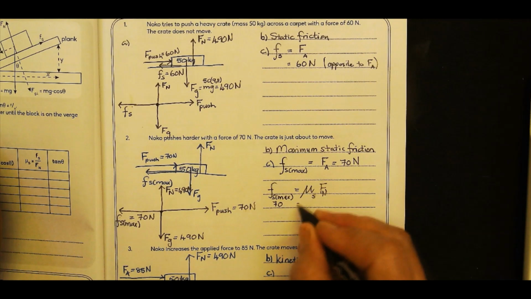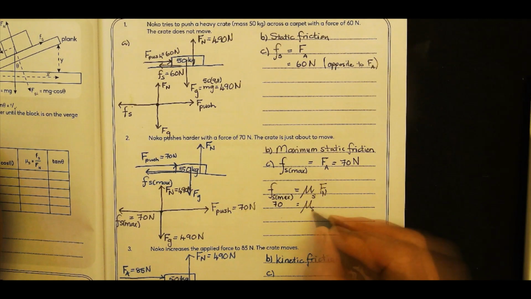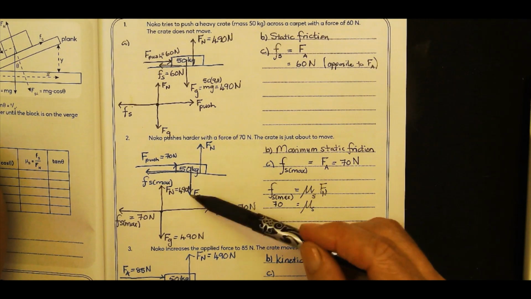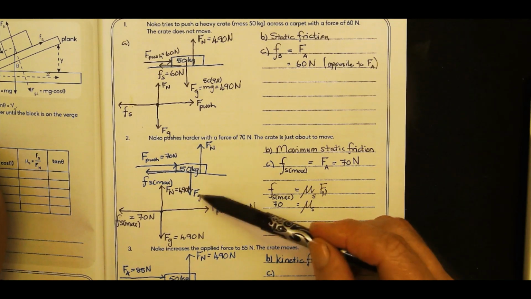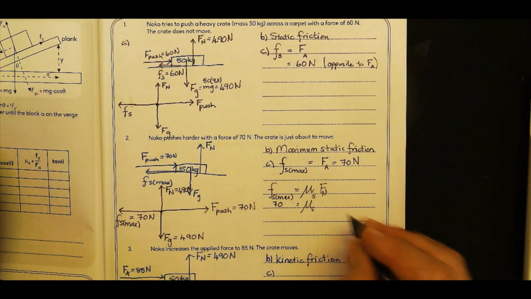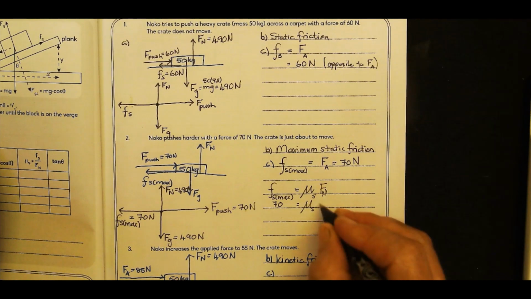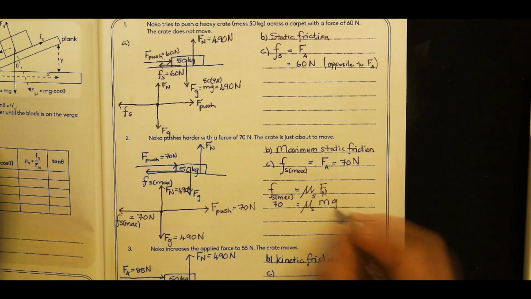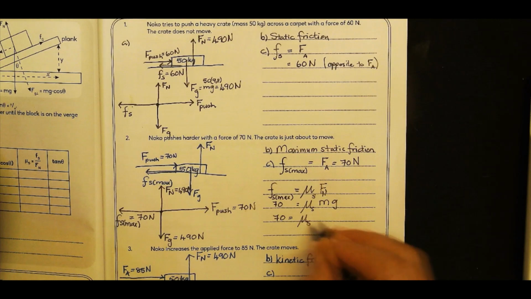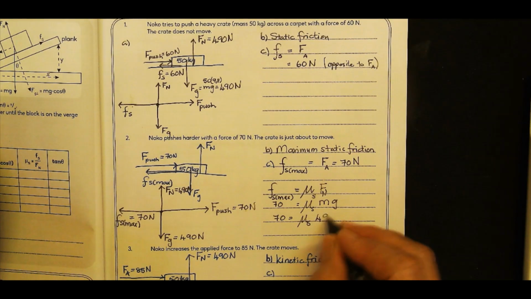70 newtons equals mu s times the normal force, and in this case the normal force is equal to the gravitational force because there are no other forces with components in the perpendicular direction. So mg: 70 equals mu s times, and I think we've already calculated this, 50 times 9.8 is 490.